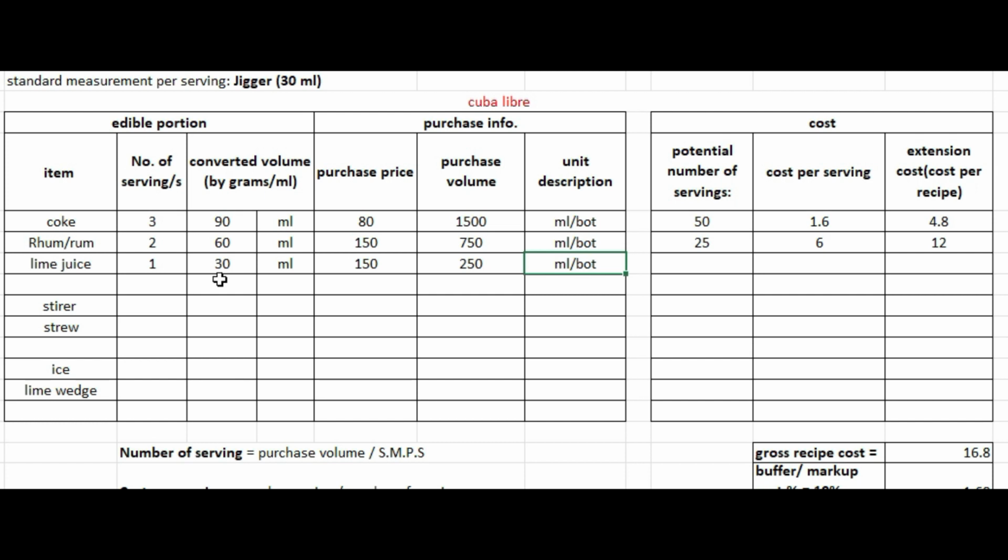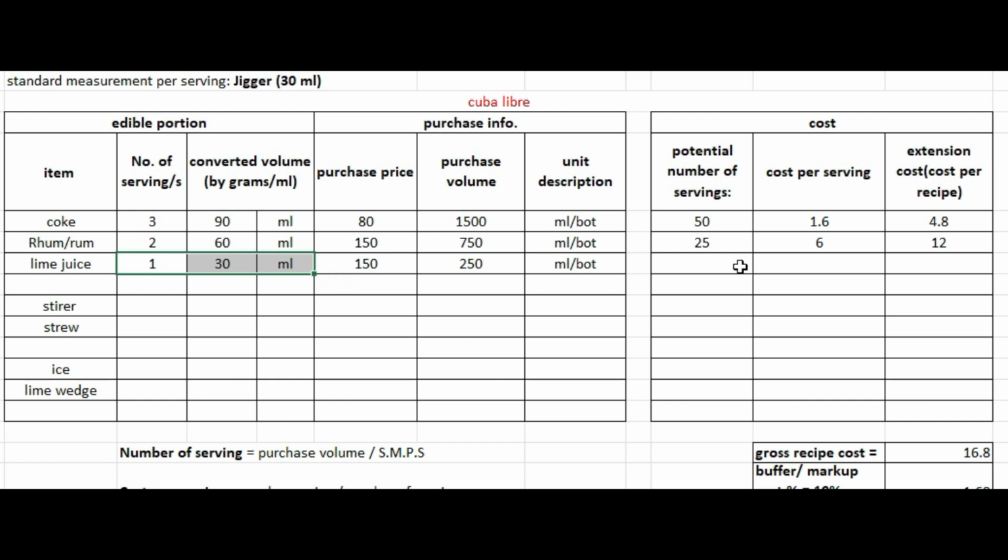Then let's proceed to our next ingredient, which is the fresh lime juice. By the way, the fresh lime juice in this case is extracted freshly from fresh lime fruit. Let's have an example of a total cost of 150 for the total extract or juice of fresh lime with a total of 250 ml.